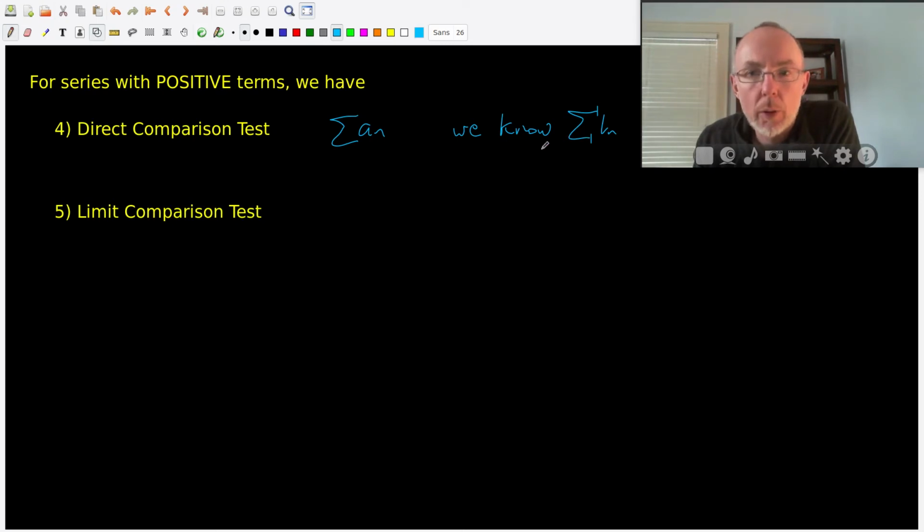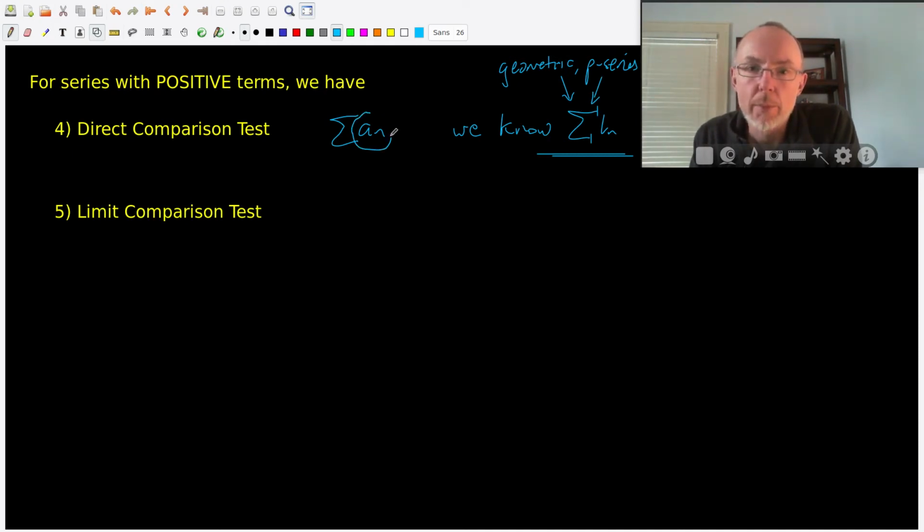And the idea here was we know about the sum of the b_n because this is one of our known series. Typically this will be a geometric series, or it's going to be a p-series, but it's going to be something we understand. And if you understand it, you know whether it converges or diverges.